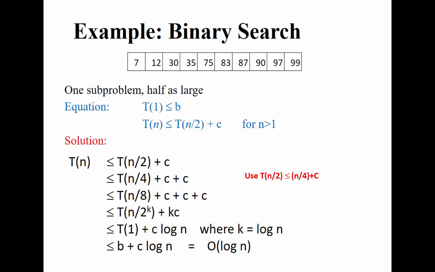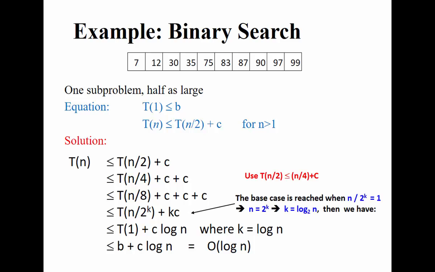Now, in this step we are using T of n over 2 is less than or equal to T of n divided by 4 plus c. To reach the base case, we're going to have n divided by 2 to the power k equal to 1. That is the base case. To be able to solve this, we're going to rely on the initial condition, the base case, which is given to us.